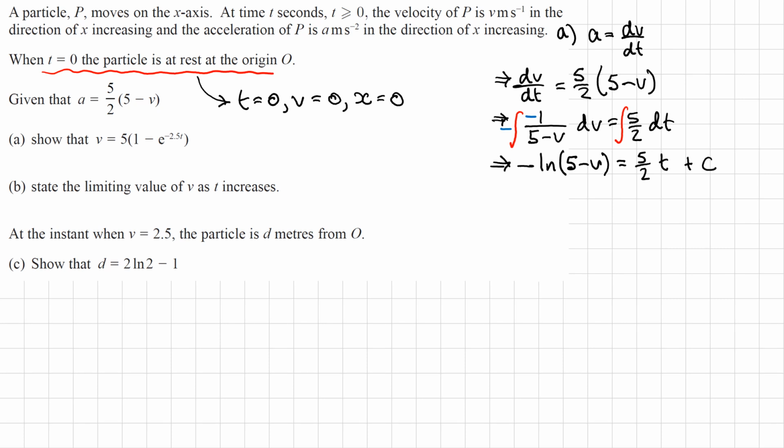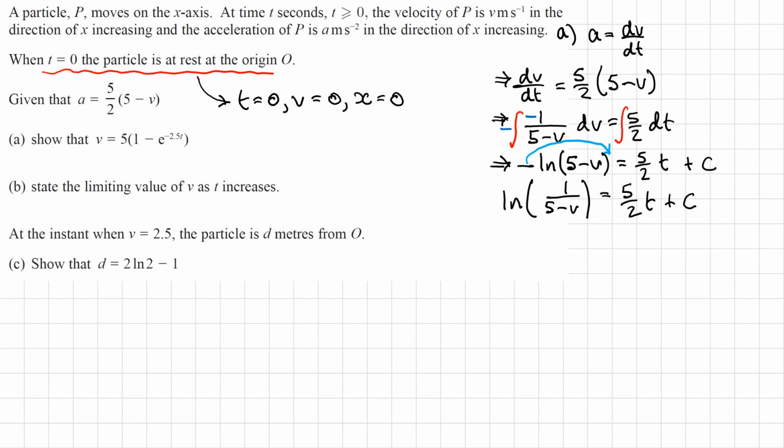I need to make v the subject, which means getting rid of log. So I'm going to bring this negative as a power, which is the same as the log of 1 over (5 minus v), and that's equal to 5 over 2 t plus c.